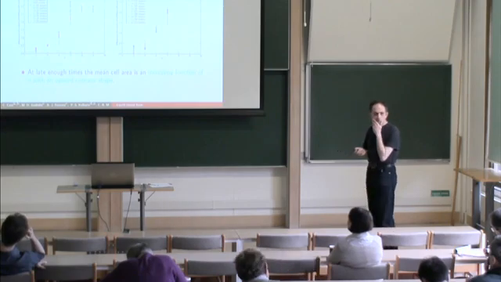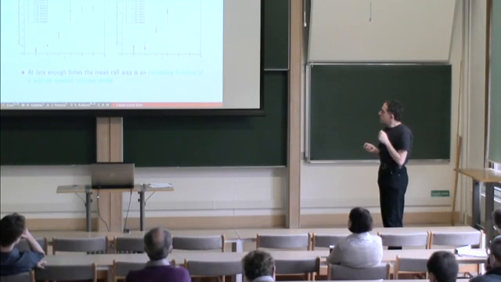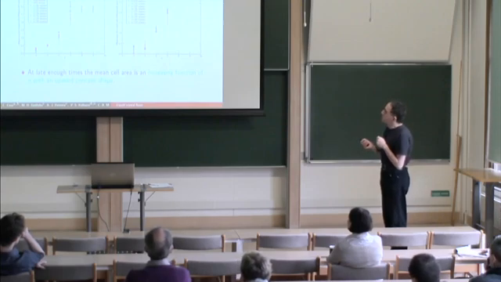Now, Lewis's law. Lewis's law is something very popular with people who study foams. Basically, Lewis's law tells you that large bubbles have more sides. But what does large bubbles mean? Well, in Lewis's parlance, large means larger area.